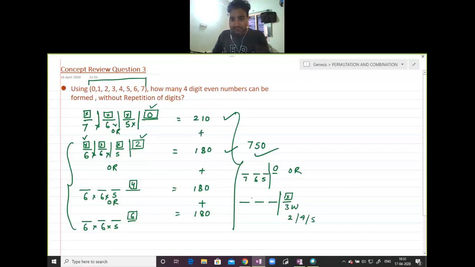Of course 0 is available, I can put 0 at the first position, right? So remaining 6 ways, I can put 0 here, again 6 ways. What about here? Remaining 5 ways, right? So how much will we get here? 540, and of course here I will get 7 into 6 into 5, 210. So all together I'll get again the answer 750.